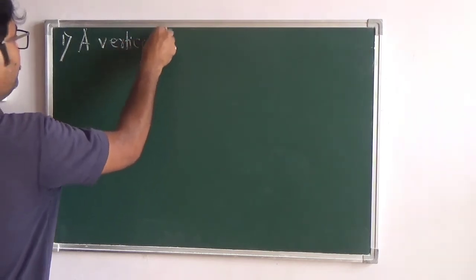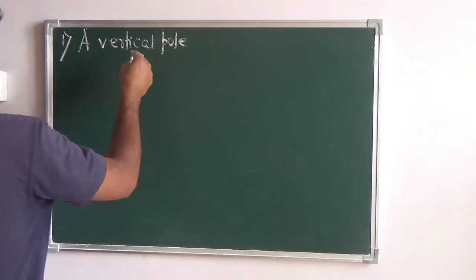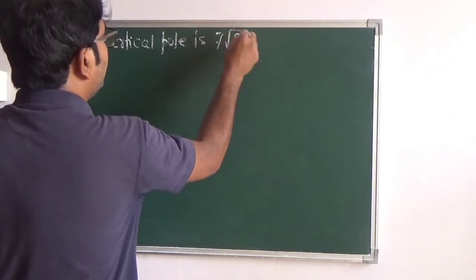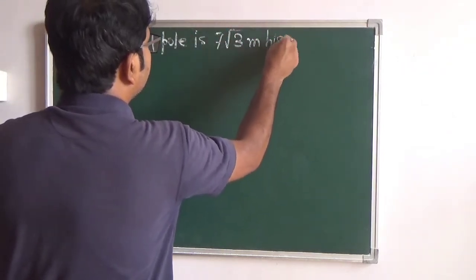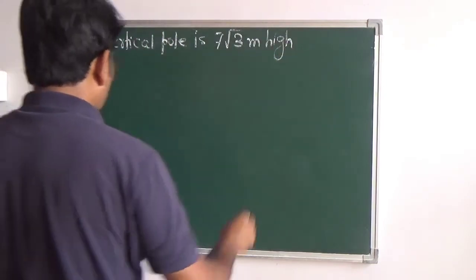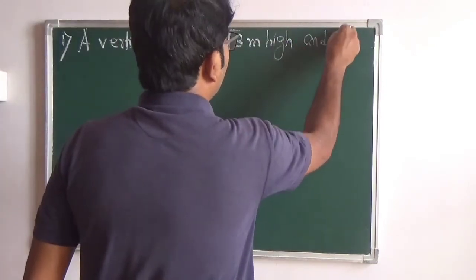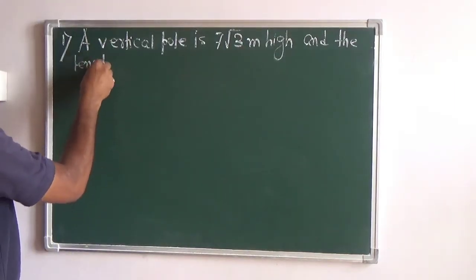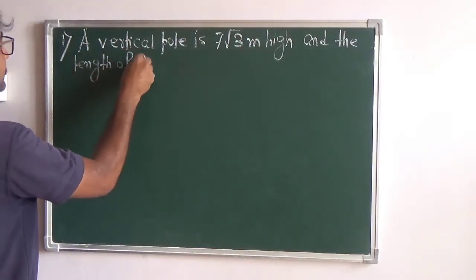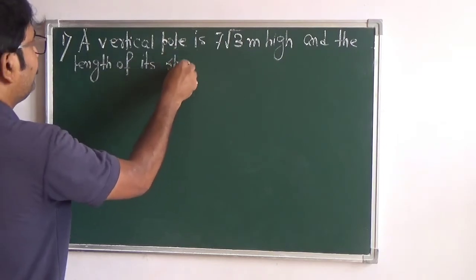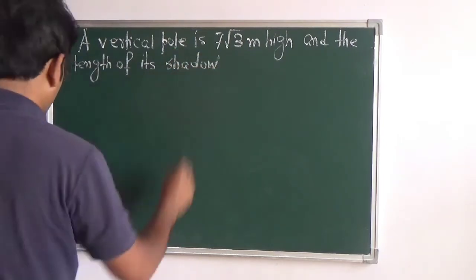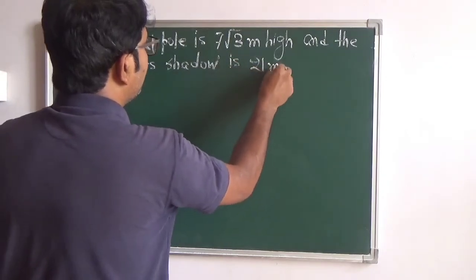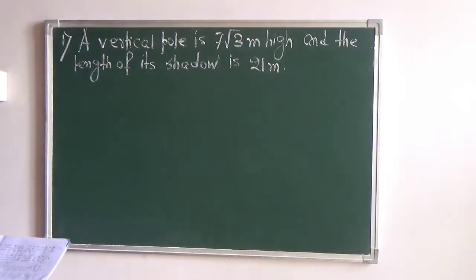A vertical pole is 7√3 meters high, and the length of its shadow is 21 meters.